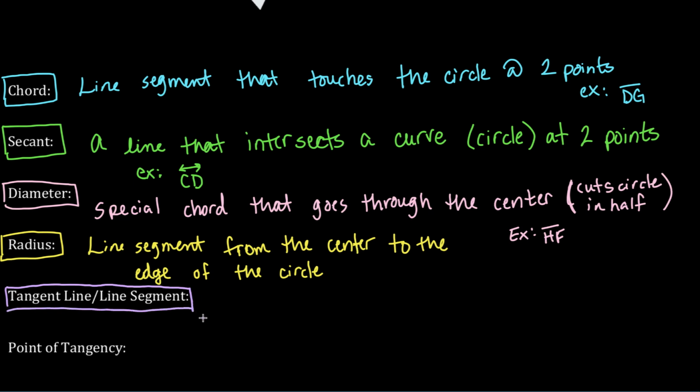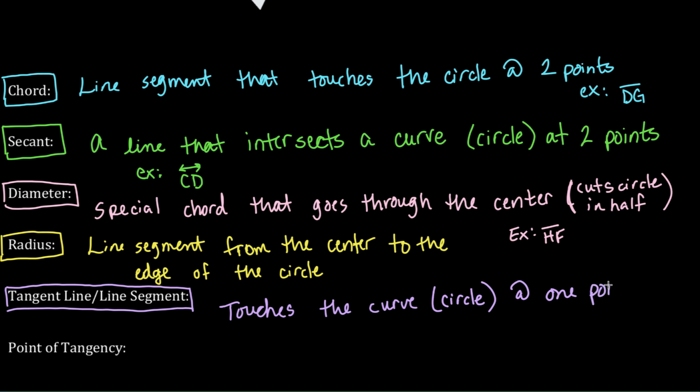So a tangent line or line segment, a line or line segment that lies tangent, means it touches the circle or curve. Well, we'll say curve. In this case, it's a circle. At one point.